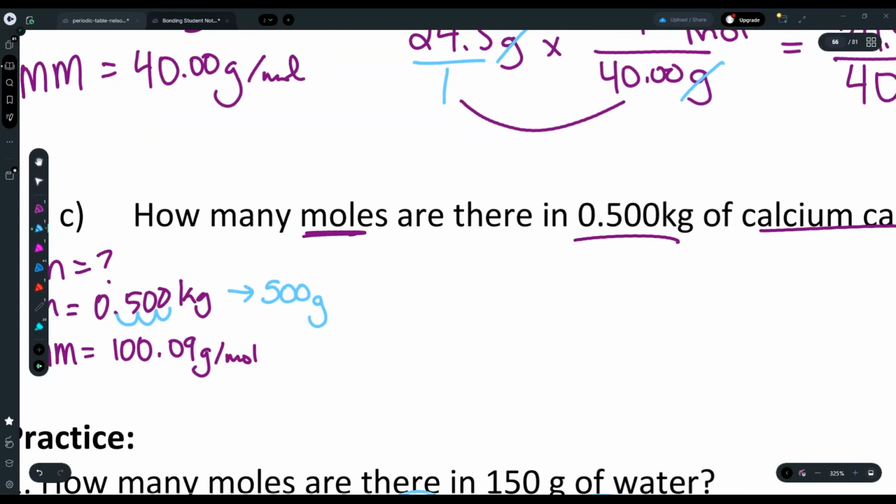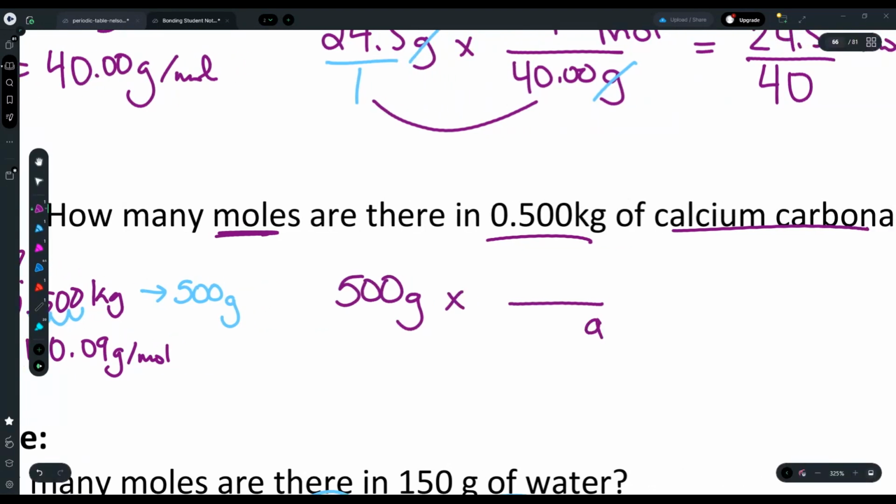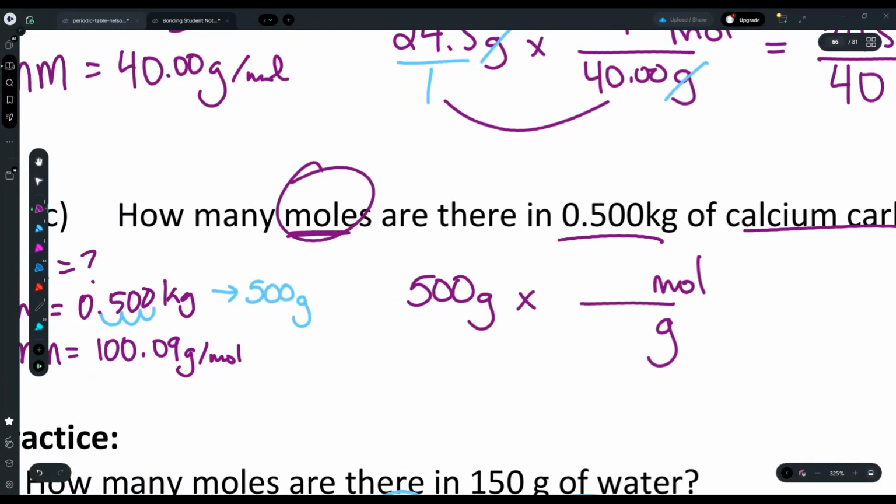Okay, so now that we have the same units for mass, we can keep on going. Start off with the non-fractional units times a fraction sign. I need to cancel out grams. Grams is on the top, so I put it on the bottom. I want to be left with moles because the question asks, how many moles?